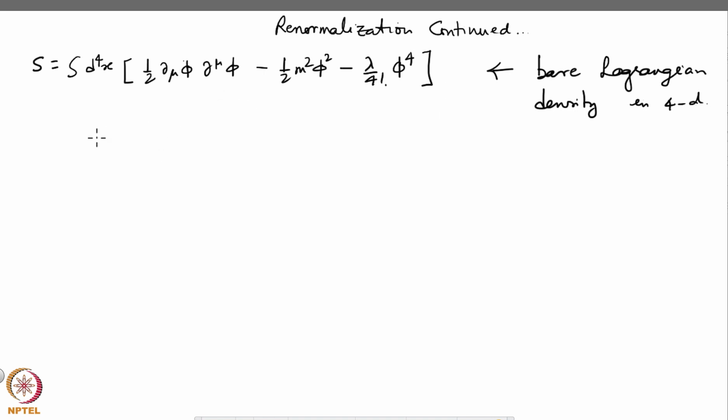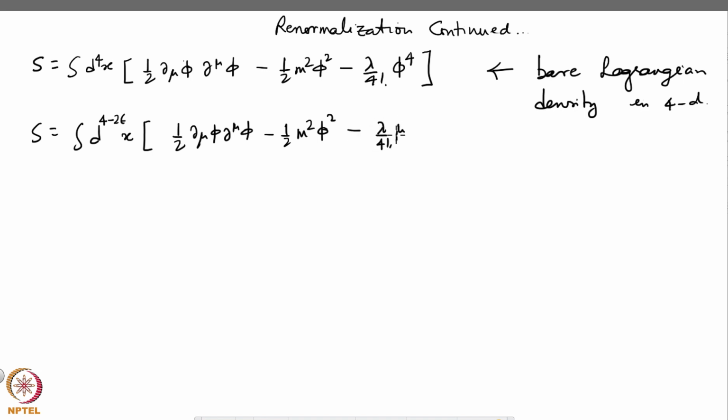So let's go to d dimensions, where d is 4 minus 2 epsilon. Okay, let me not write it.